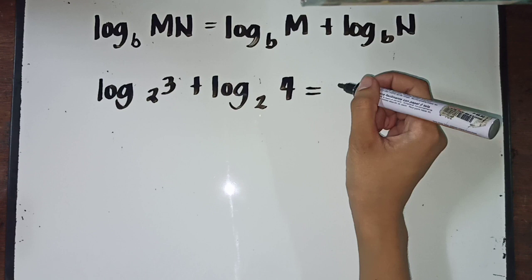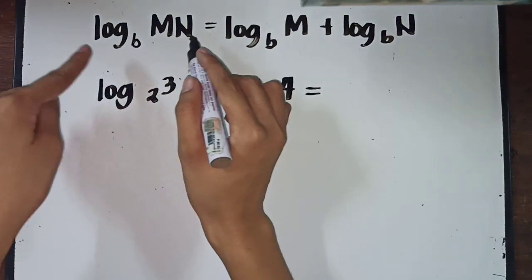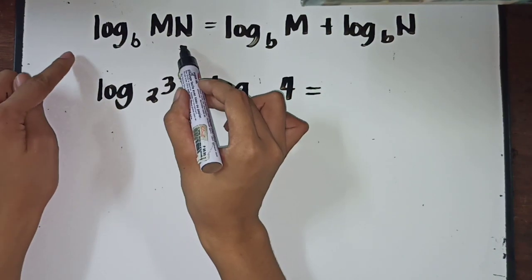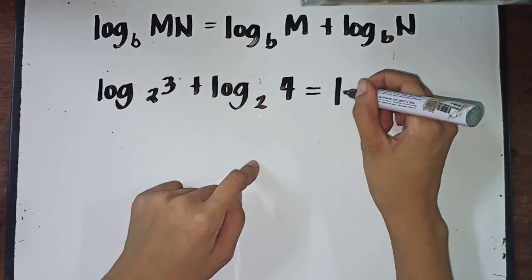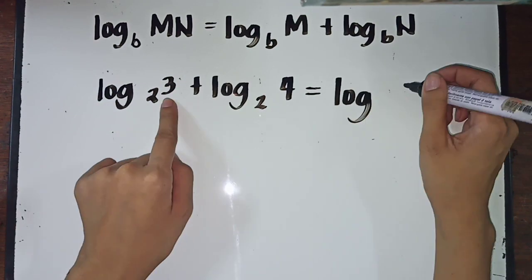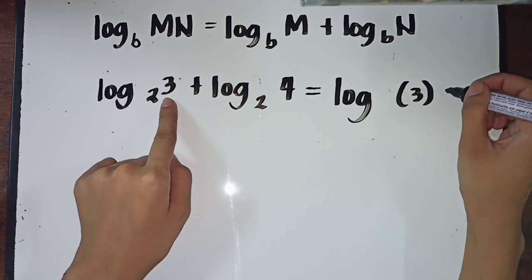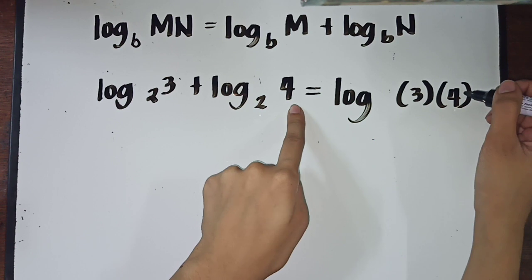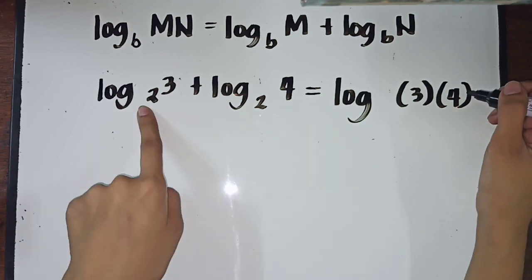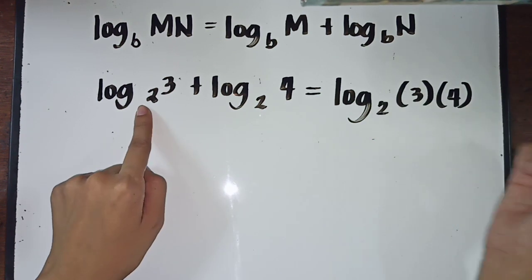Okay, so based on the law, from addition, gagawin nating single logarithm, so it will become multiplication. So that is logarithm of 3 multiplied by 4, and yung common base nila, which is 2.